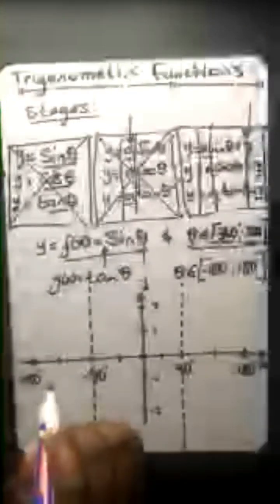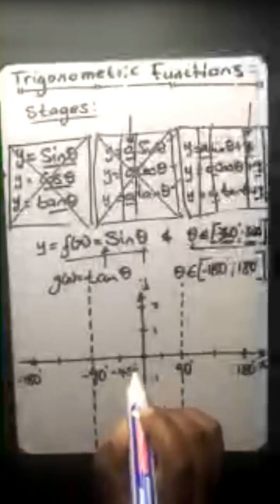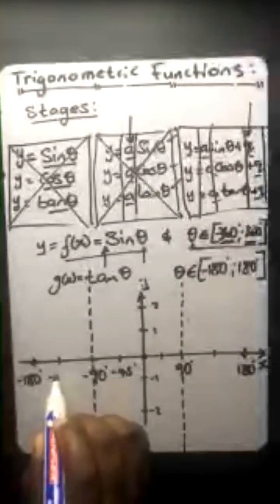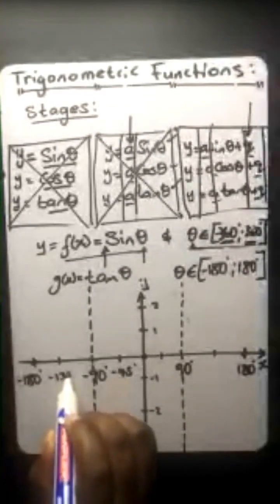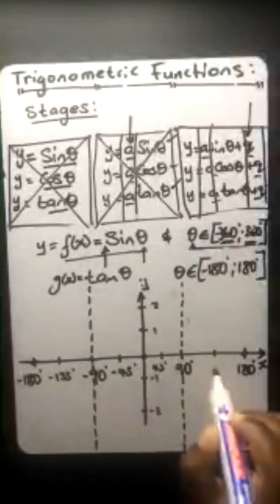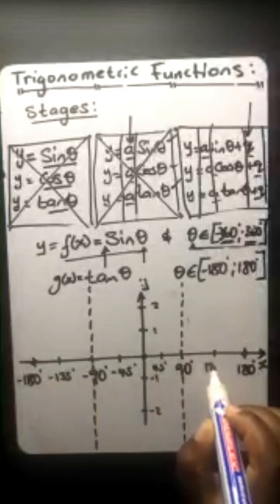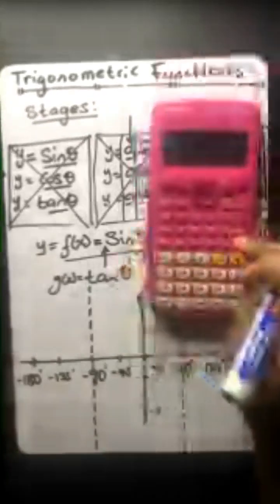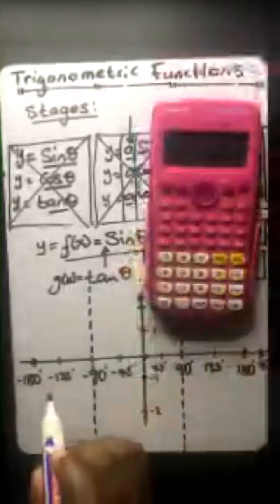Let's maybe continue. Obviously, here it's negative 45 degrees. Here it's what? Is it negative 135? I think it's negative 135. And then here, obviously positive 45. What about here? Positive 135 degrees. Let's punch again.